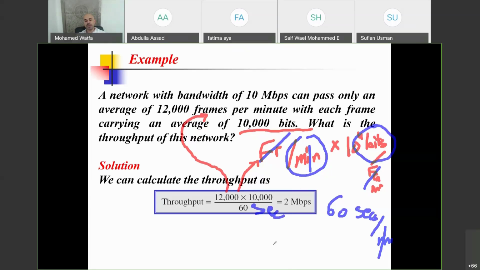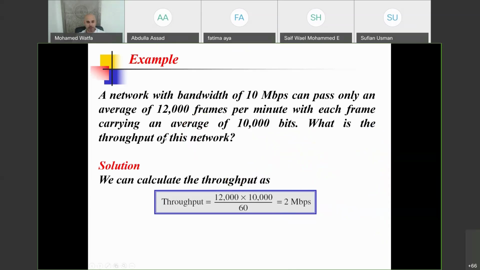Long story short, I'll do it one more time. 12,000 frames per minute with an average of 10,000. So I multiply 10,000 by 12,000, and I need to convert the minutes to seconds, so I divide by 60. The final answer will be 2 megabits per second. Very easy, this is very trivial. Obviously, I would not ask something like this in the final. It's just multiplying two numbers by each other.